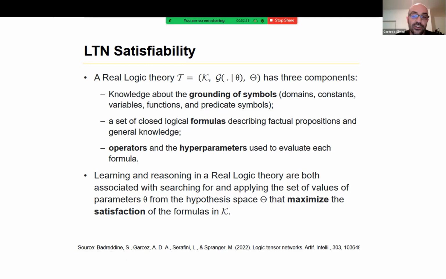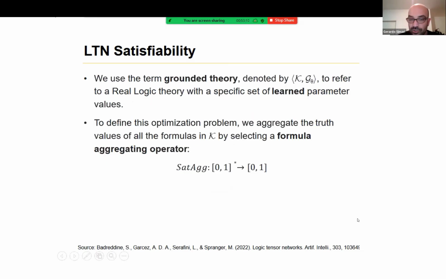And learning and reasoning in these kinds of theories are both associated with searching for and applying the set of values of parameters from a hypothesis space that maximizes satisfaction, as Paulo mentioned just now. So let's see what that looks like. It's not surprising that what we're going to do is define an optimization problem, right?